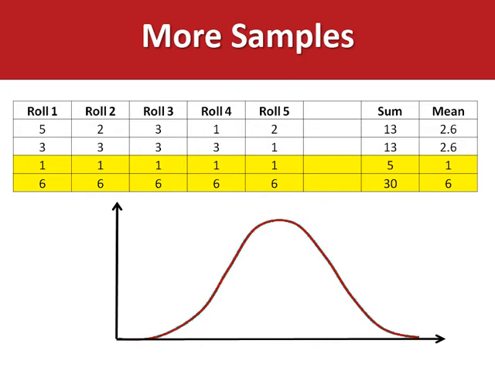However, there is only one way to get a total of 5. Each of the 5 rolls must be a 1. Similarly, there is only one way to get a grand total of 30. Each of the 5 rolls must be a 6. Anyone who's played Yahtzee or similar dice games knows how unlikely this is.